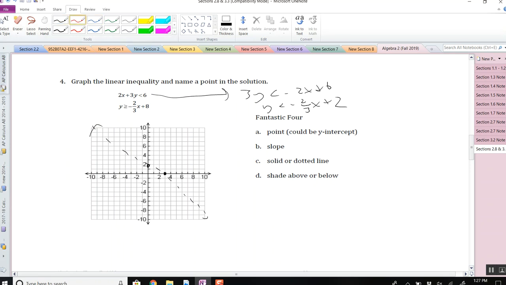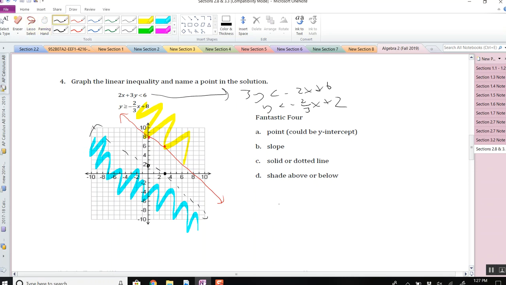The other one's going to be a solid line, down 2/3. So this is interesting. These are going to be parallel lines. And we're shading above the red line. We're shading below the black line because we have less than for the black line, with y less than -2/3 x plus 2.